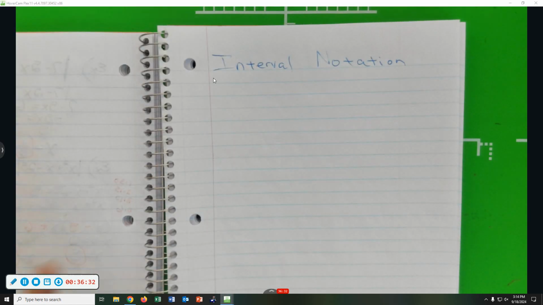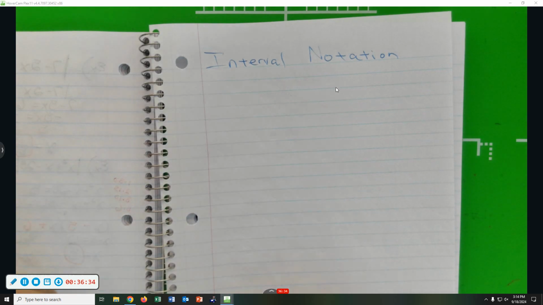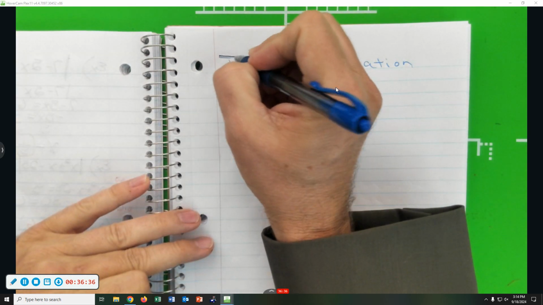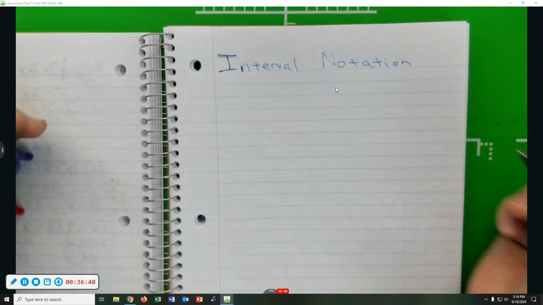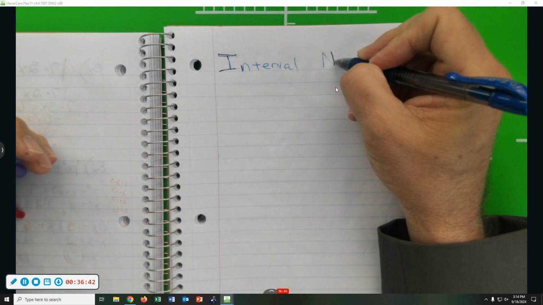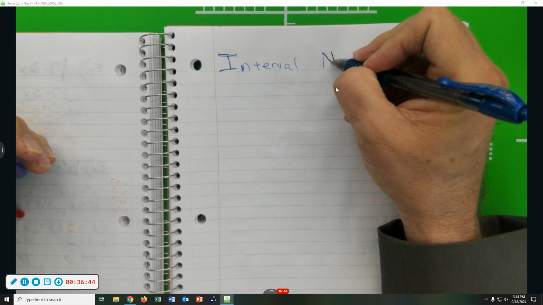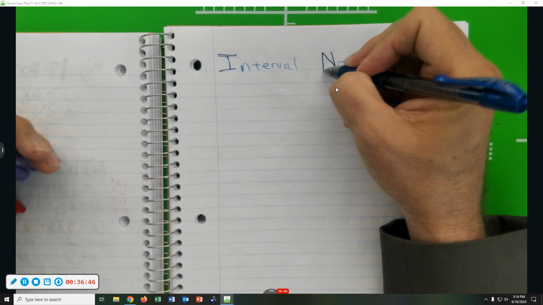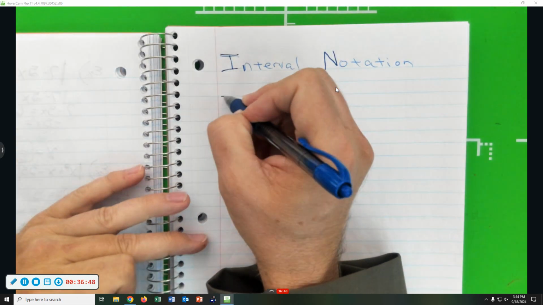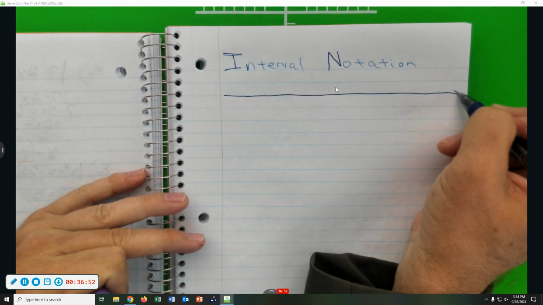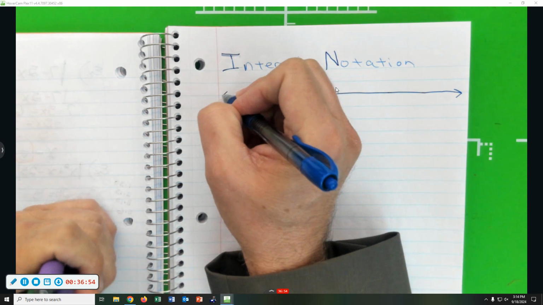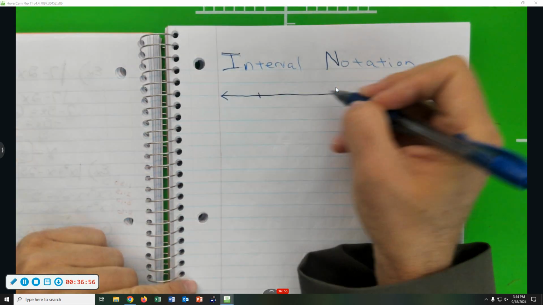Okay, and now I want to look at something called interval notation. You may have seen it in other classes, and if you didn't, it's real easy. Easy to learn means it's easy to forget. So you saw it somewhere, but you might not remember.